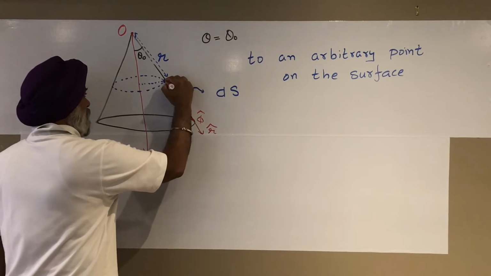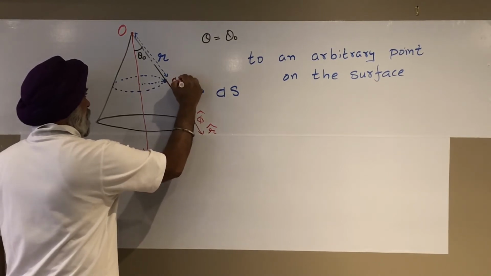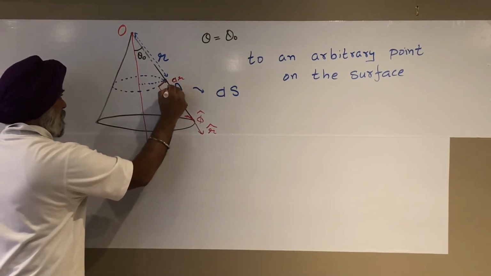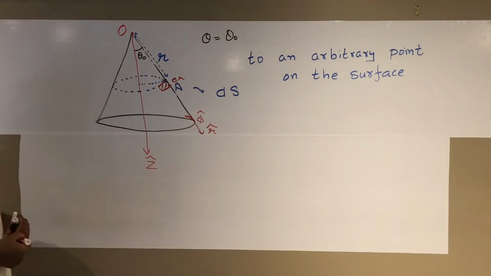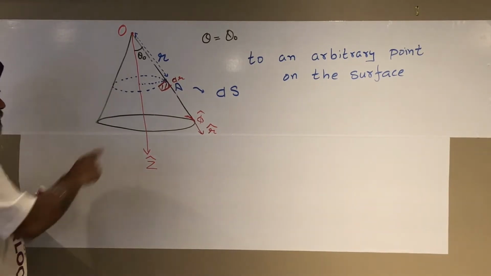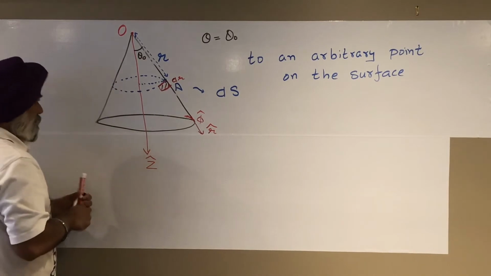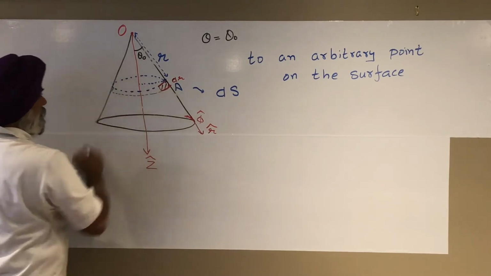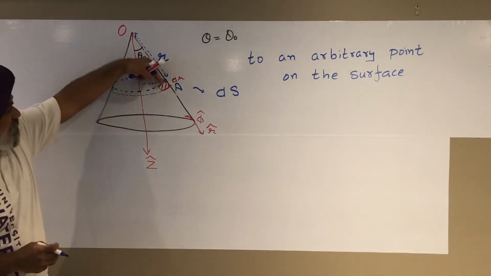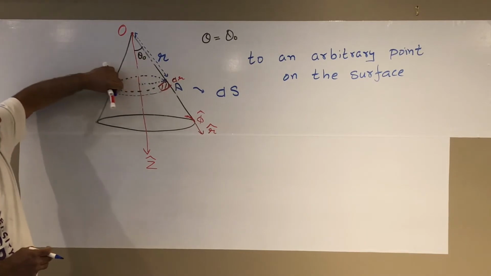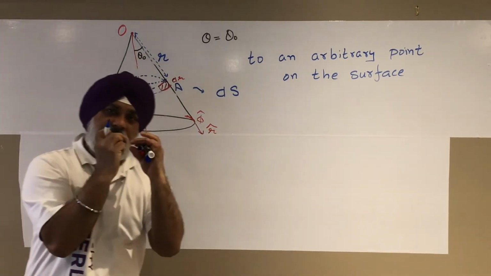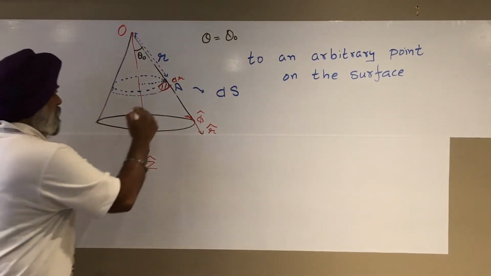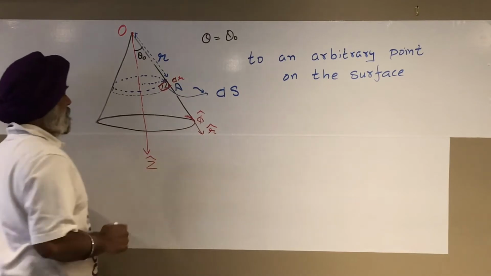I take a small length this way, that would be dr, and then I take a small element in that direction. With that small element in this direction, I am creating this slice of the cone. So by moving this small element along this direction, I take my cone and create a thin slice of that cone. This becomes my ds element.